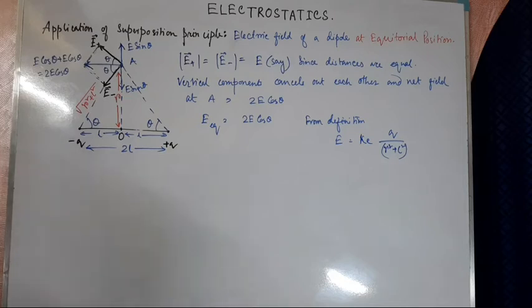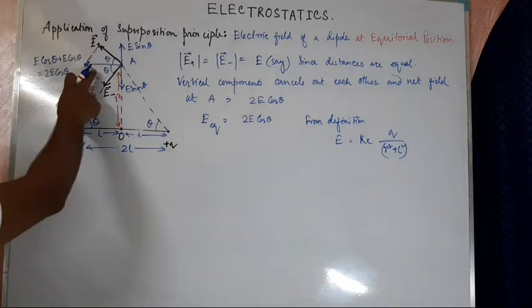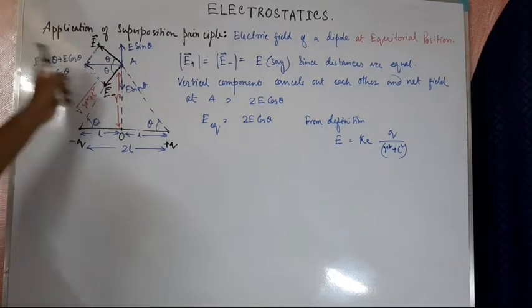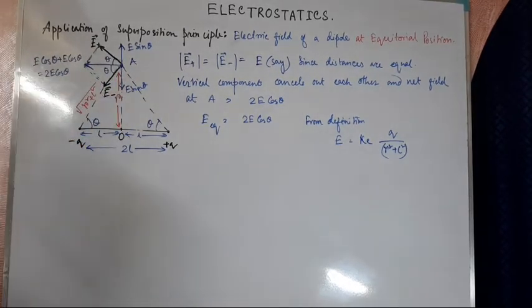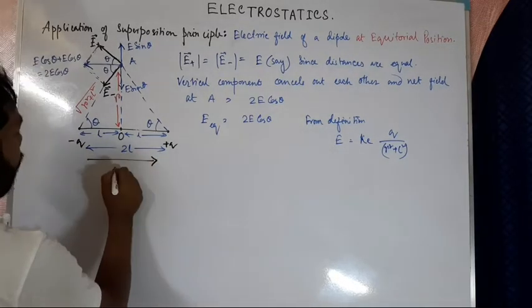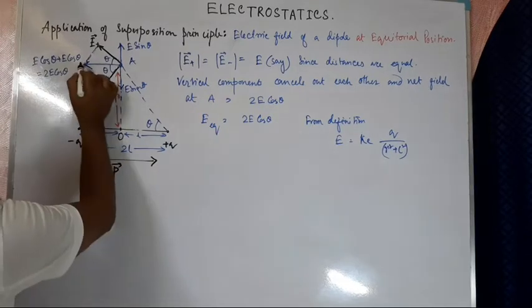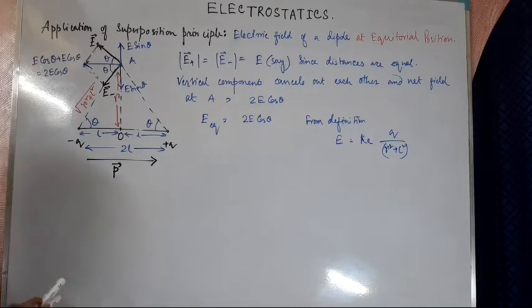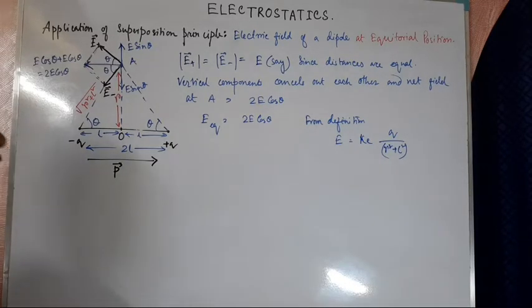We will find the direction later. The direction is horizontal and opposite to the direction of the dipole moment, because the dipole moment has a direction from negative to positive, and the total field has a direction exactly opposite to the dipole moment. We'll find it later.